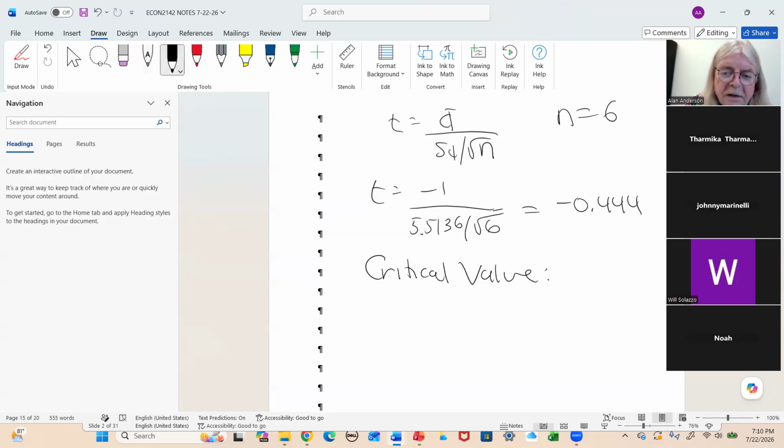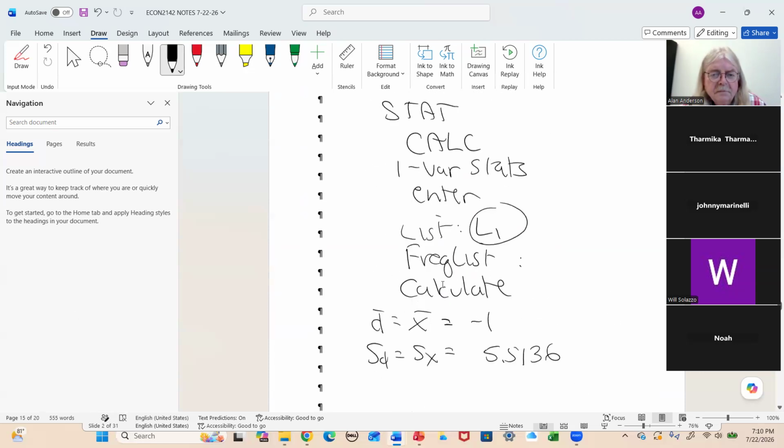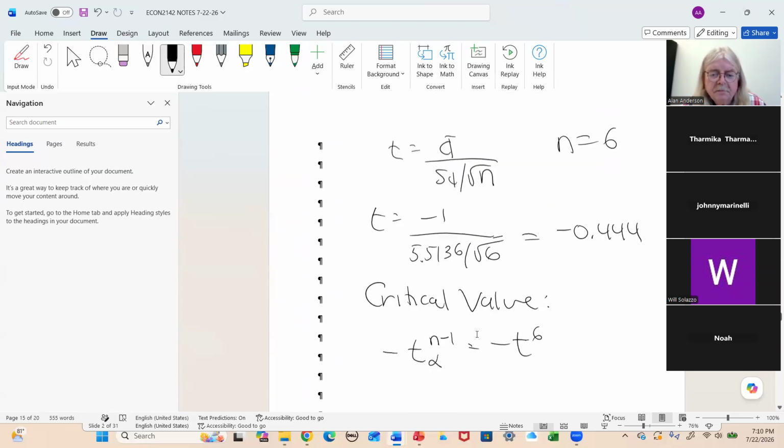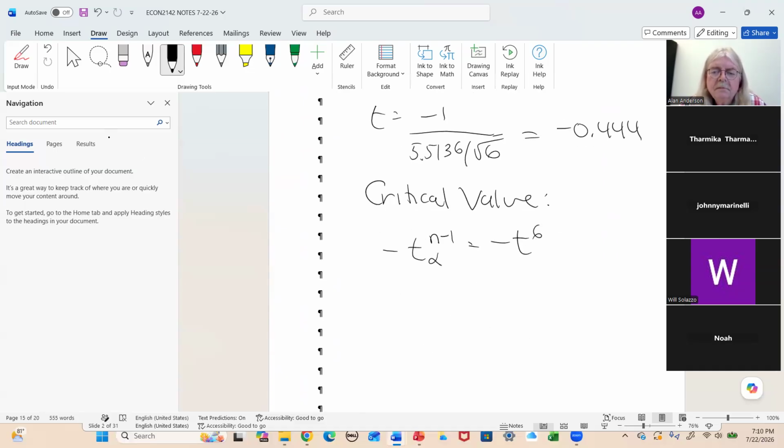So the critical value, this one is n-1, that's right, because we're only looking at the differences. Alpha is 0.05. We can go to second vars, number 4, invT.